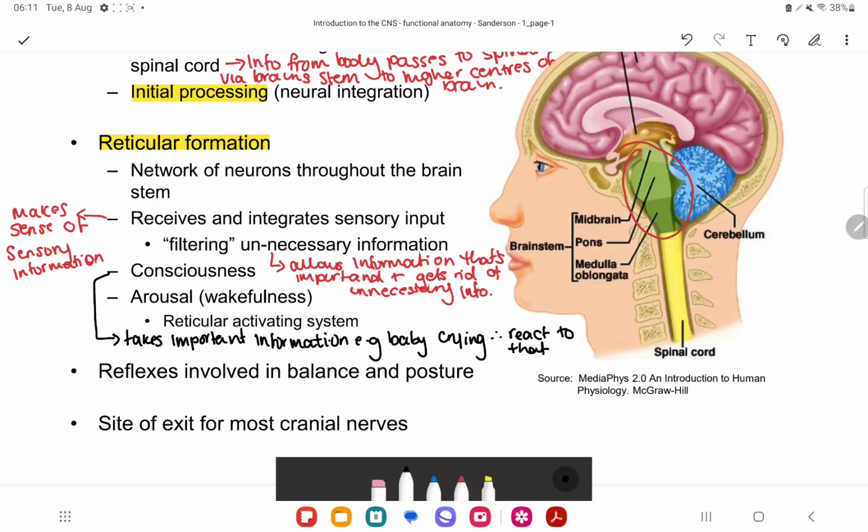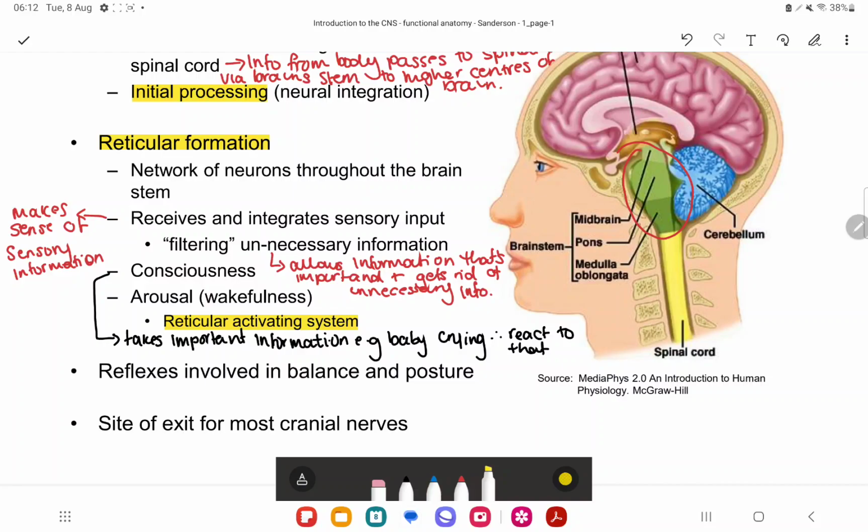Over here she's put reticular activating system. And if you do end up going back to her video, what she explains is that the reticular activating system and reticular formation are both important in consciousness and arousal, such as wakefulness.